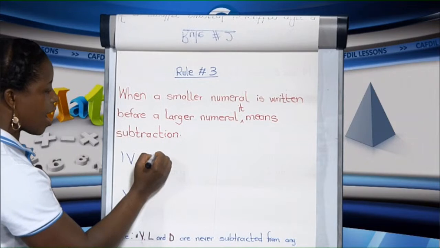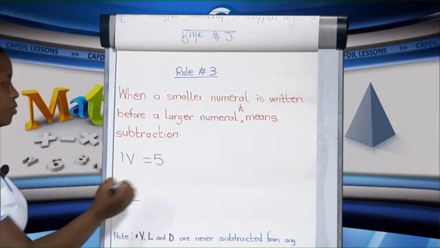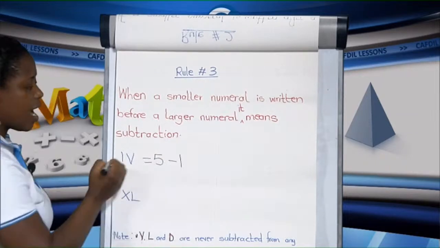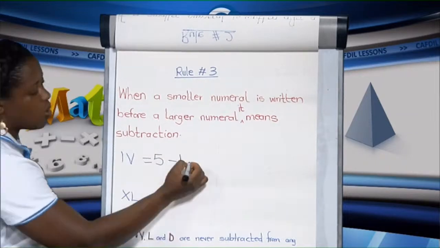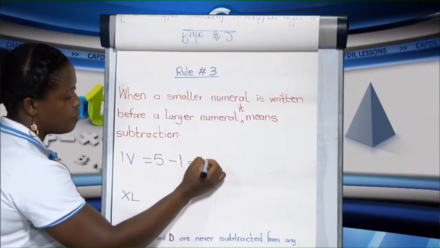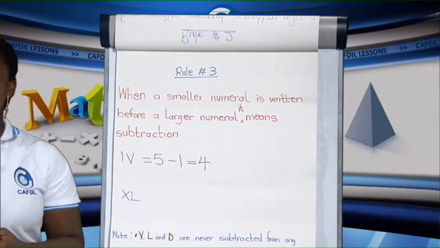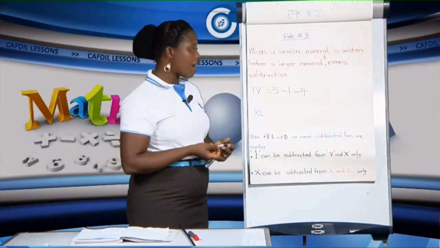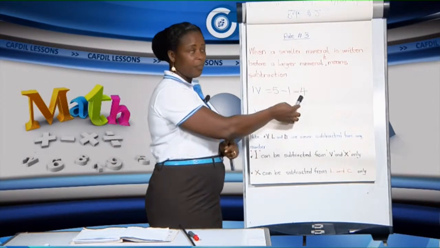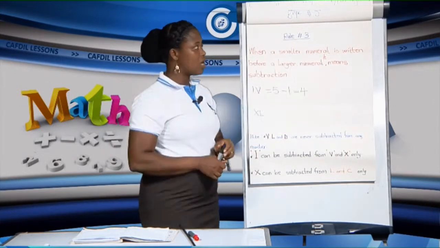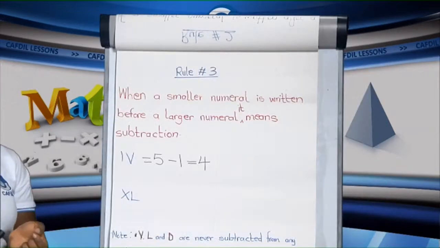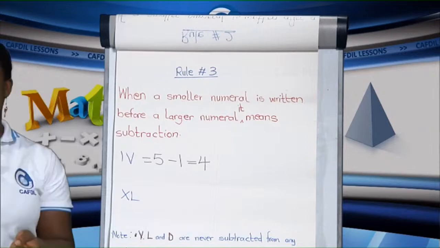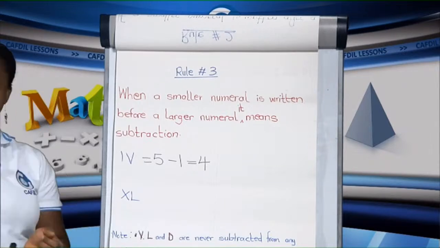So we have 5, which is the larger numeral, minus 1. I over here is 1. So 5 minus 1 will give us 4. So when you see IV in the Hindu Arabic numeral, it is 4. Because of rule number 3, when a smaller numeral is written before a larger numeral, it means subtraction.